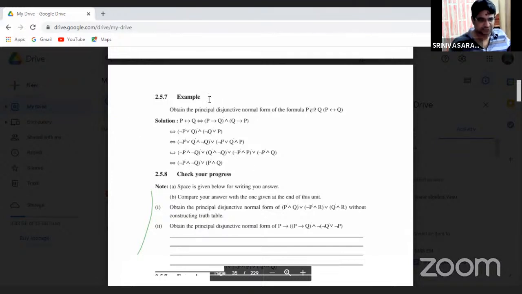Now, this is the simple solution. This expression can also be written in another form, so this part is not unique. P if and only if Q means P biconditional Q, which can also be written in this form.